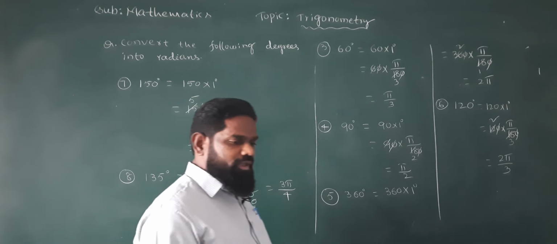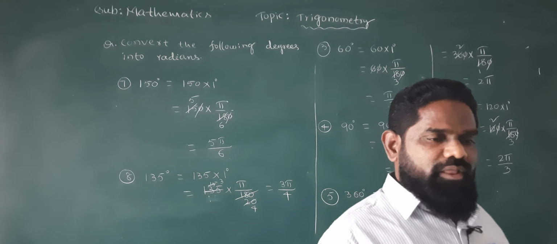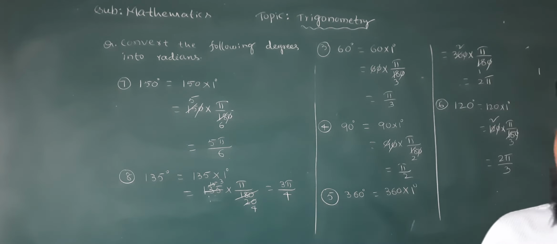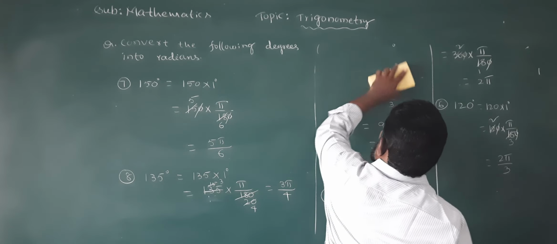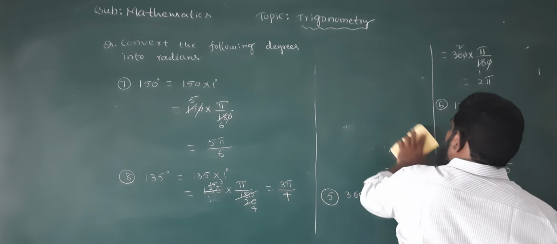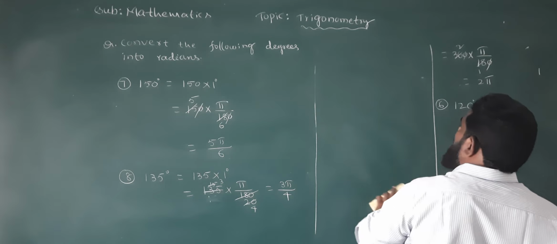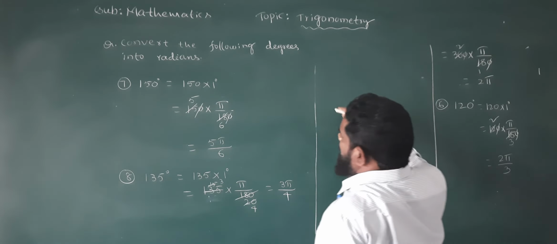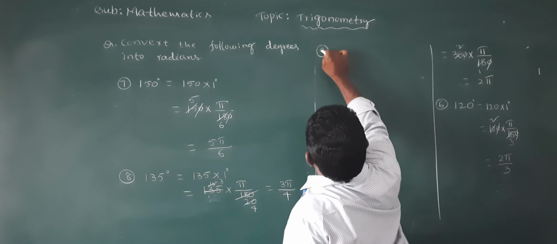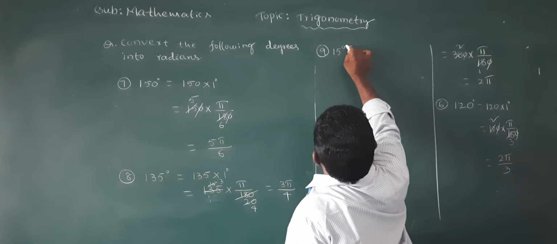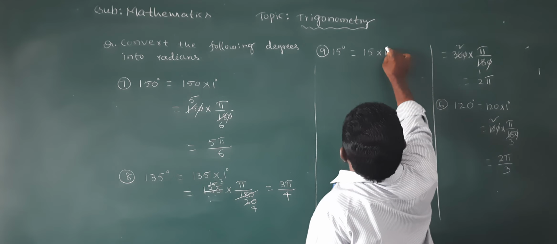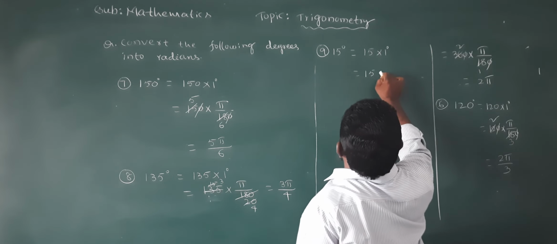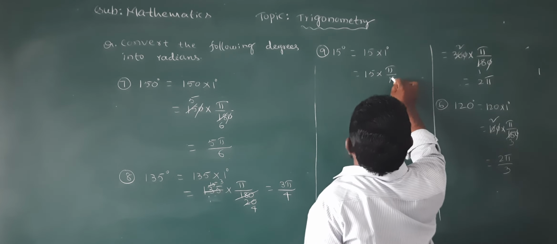Understand? We can convert any degree like this. One more. We can do one more problem like this. For example, if required 15 degrees, how do we convert it? 15 degrees can be written as 15 into 1 degree. 1 degree means how many radians?